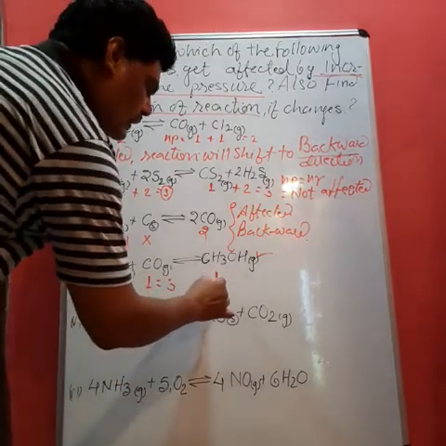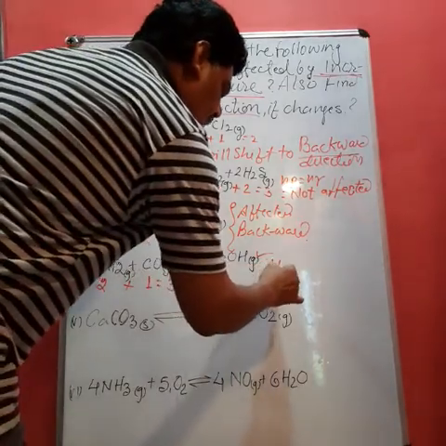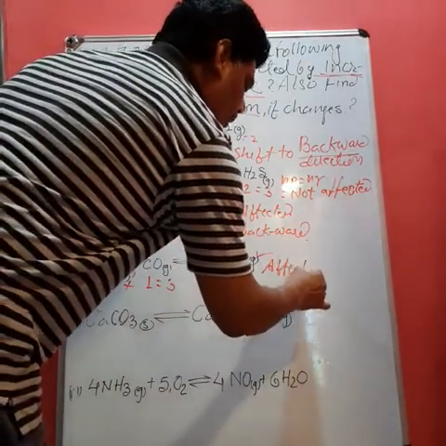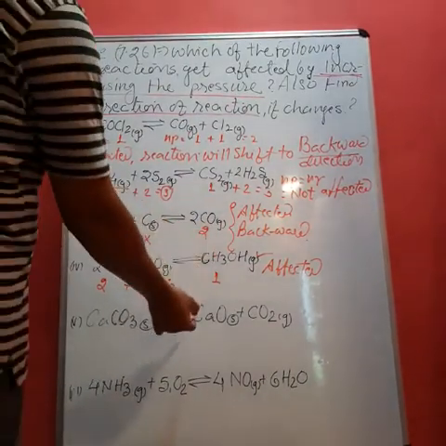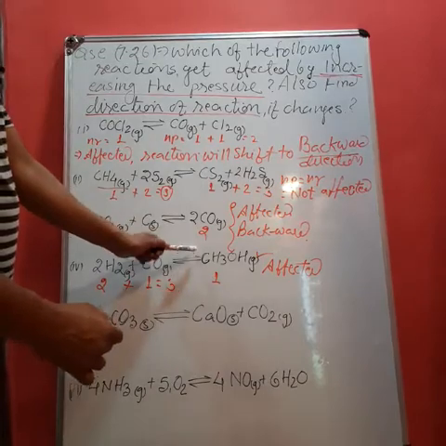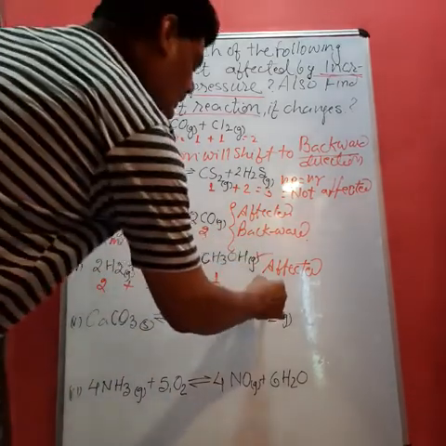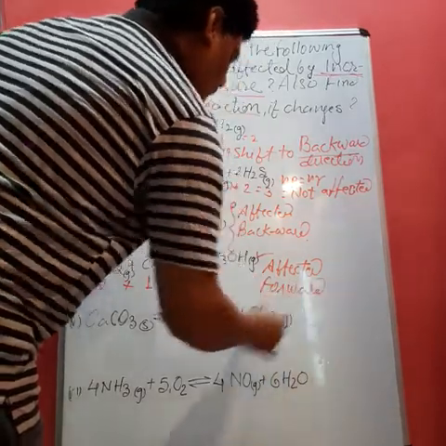But here there is only 1 mole. So again this reaction is affected by change in pressure, and the reaction will shift to the direction where the lesser number of moles is there. Now the lesser number of moles is present in the forward direction. Therefore, the reaction will shift to the forward direction.